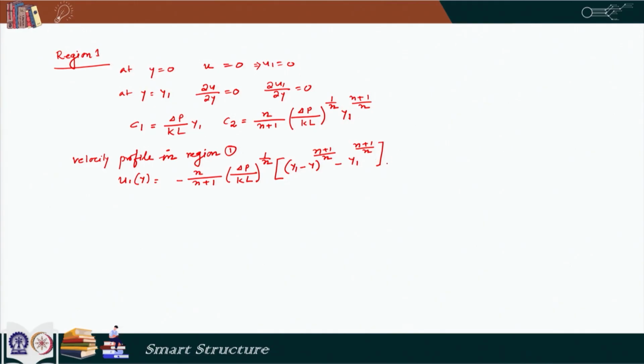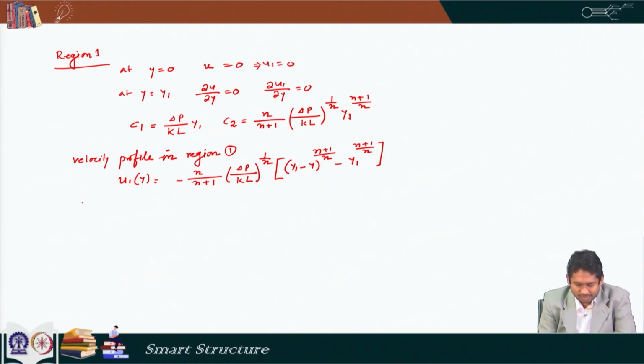So, that is our velocity profile in region 1. So, we can see here that if our n is equal to 1, then it becomes a quadratic equation of y. Here, depending on the n, the degree would change.